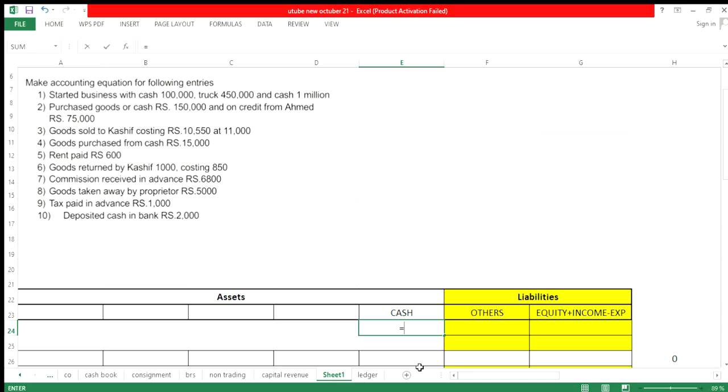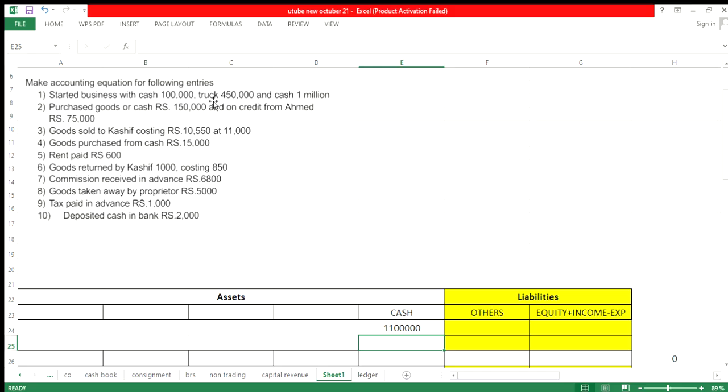Please note it down. 1 million means 10 lakh. So we have got 10 lakh cash and 1 lakh separate cash. So total 11 lakh cash is coming in, and whatever is provided by the proprietor would be considered as your capital.